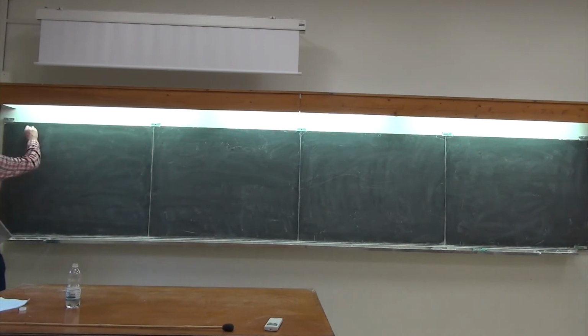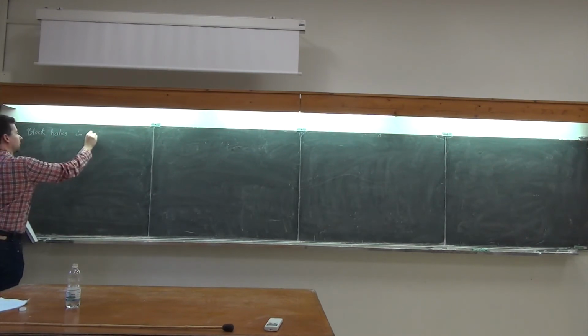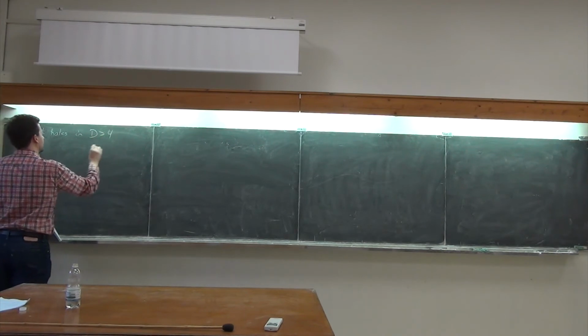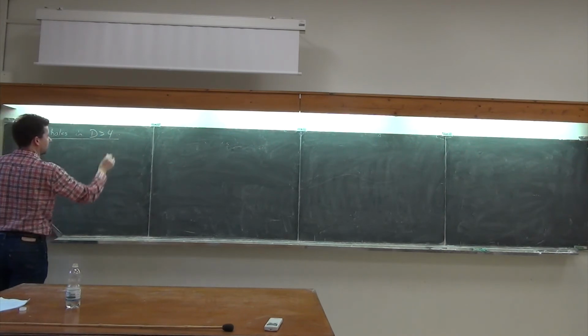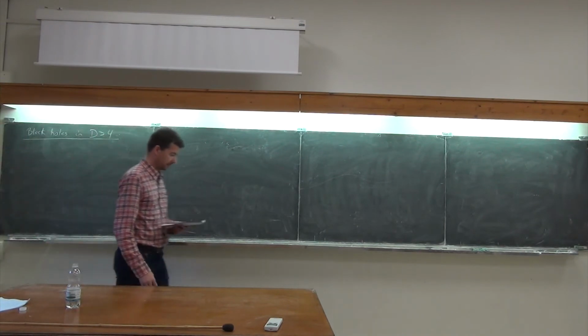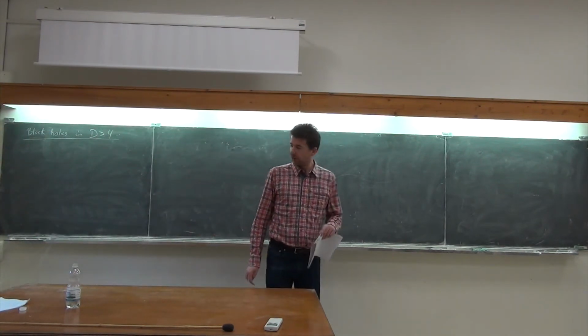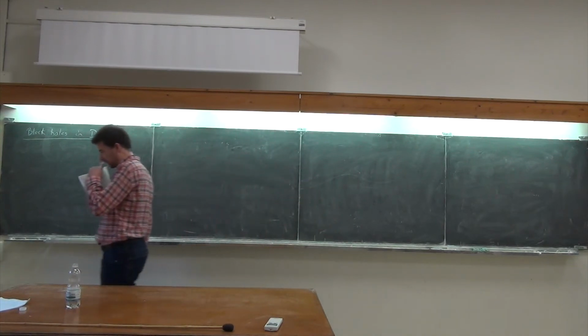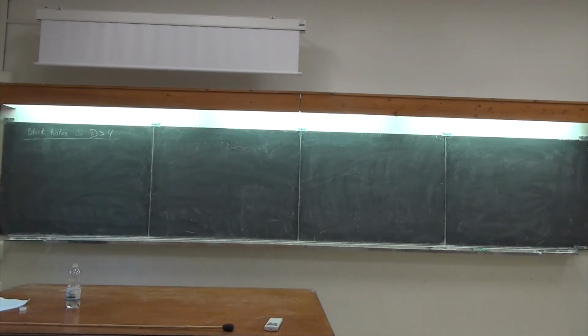And this is to describe black holes in more than 4 dimensions. There are many ways to describe this, and I've chosen a specific way that hopefully will be illuminating.